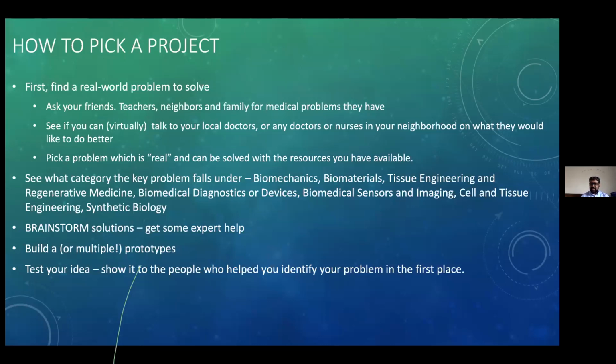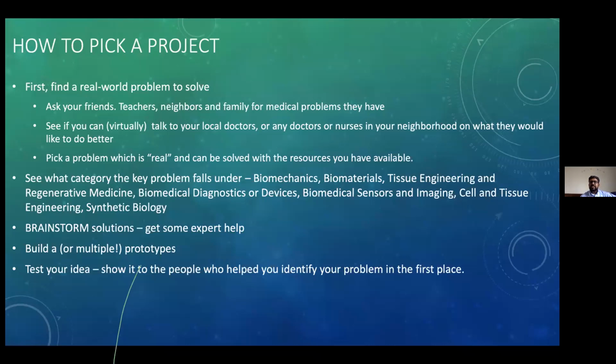So simple things like good masks for COVID or face shields. Many people have done them now, so it may not be much of a problem anymore, but still there are improvements that you can make to simple things like these that are still part of biomedical engineering.